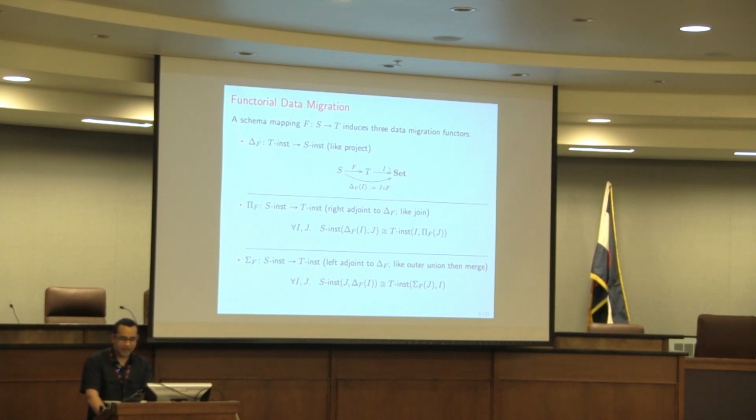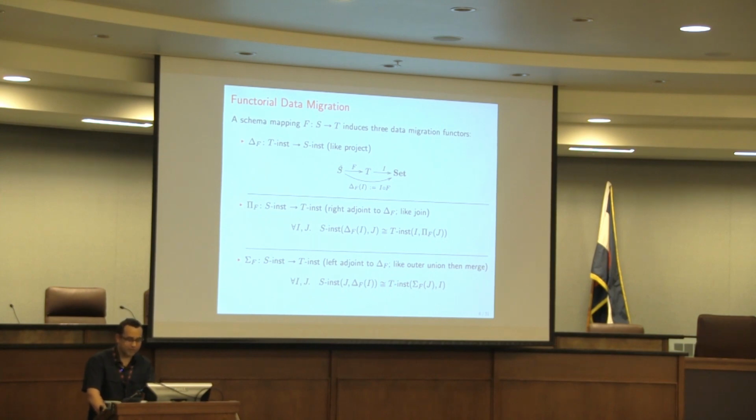Here is an instance I. I said I was a set-valued functor, so I is an instance on T. If you just compose these things, by the way composition of functors works, and you can compose functors, I didn't mention that, but hopefully David did, you get a functor from the schema S to Set.